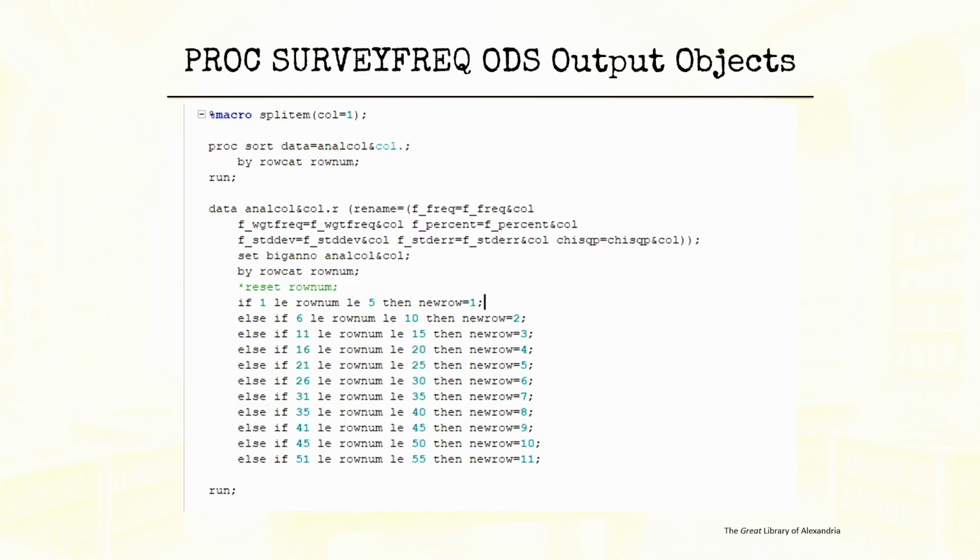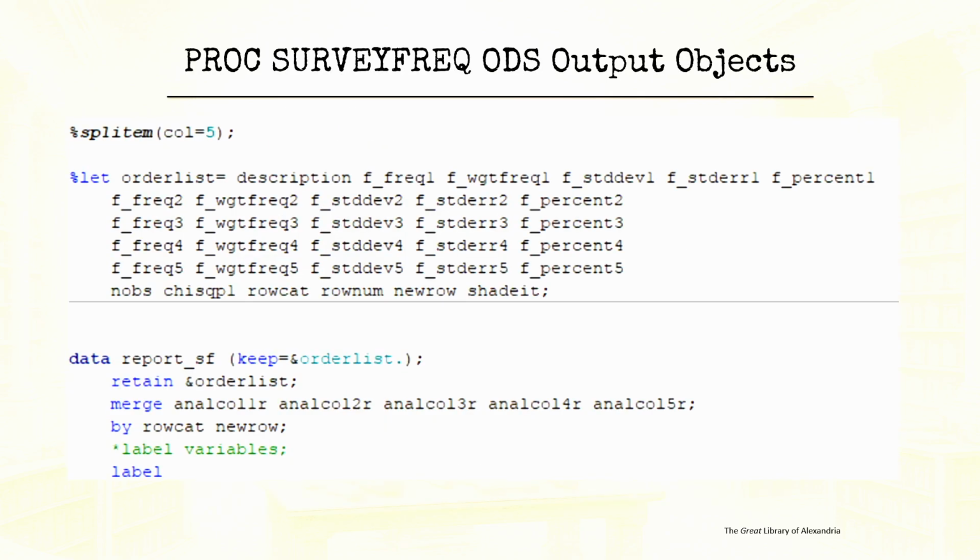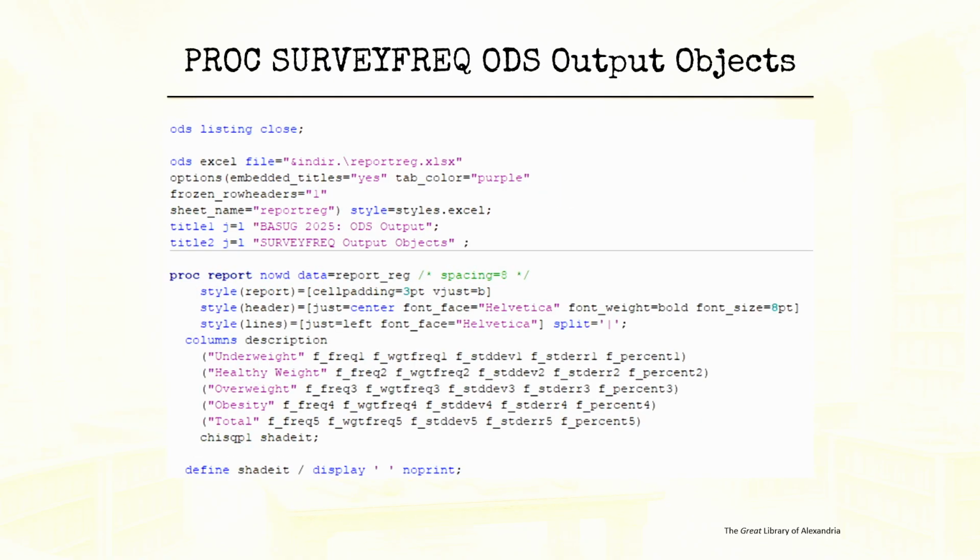Mainly this macro up here renames the variables to reflect the new column groups and resets the row variable. And then we just run this macro, reorder the variables using retain, remerge the column data sets, and label for final output. And finally, we output to ODS Excel.